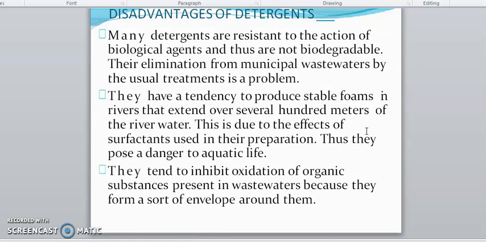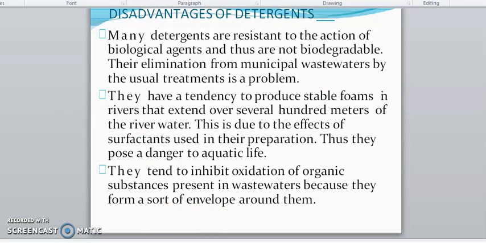This is due to the effects of surfactants used in the preparation. Thus, they pose a danger to aquatic life. They tend to inhibit oxidation of organic substances present in wastewater, because they form a sort of envelope around them.